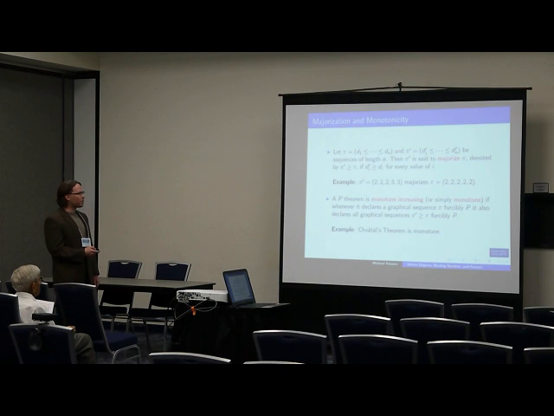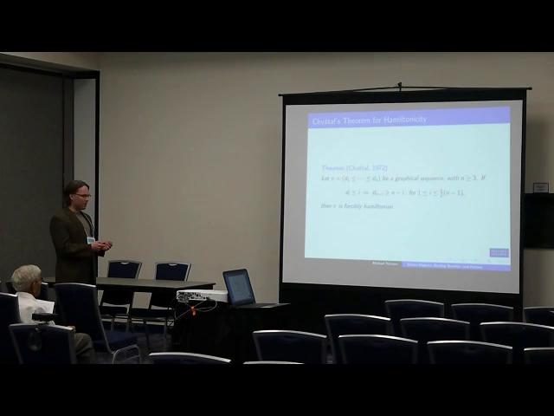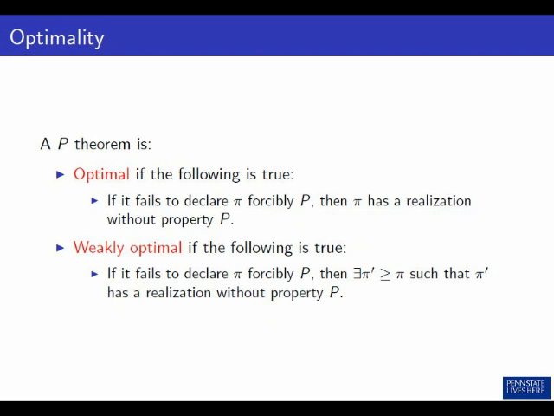So Chvátal's theorem, it turns out, is monotone. Given a graphical sequence that satisfies the conditions of Chvátal's theorem, any larger sequence will also satisfy these conditions and be forcibly P as well. Okay, so we're going to be focused primarily on the notion of weak optimality. A P-theorem is optimal if whenever a graphical sequence fails the conditions of the theorem, then the sequence itself has a realization without that property.